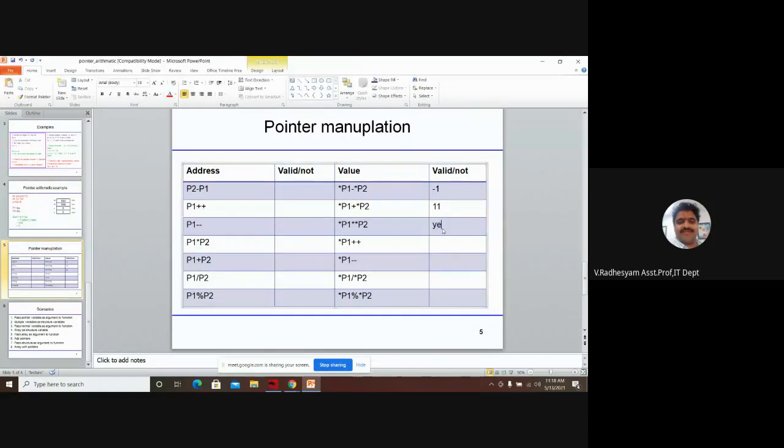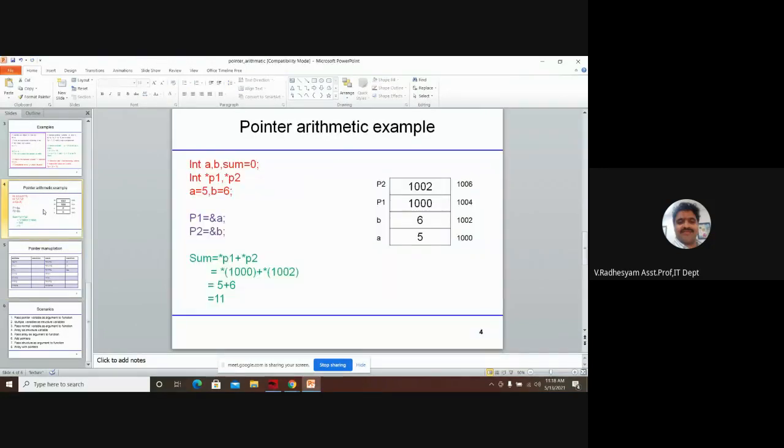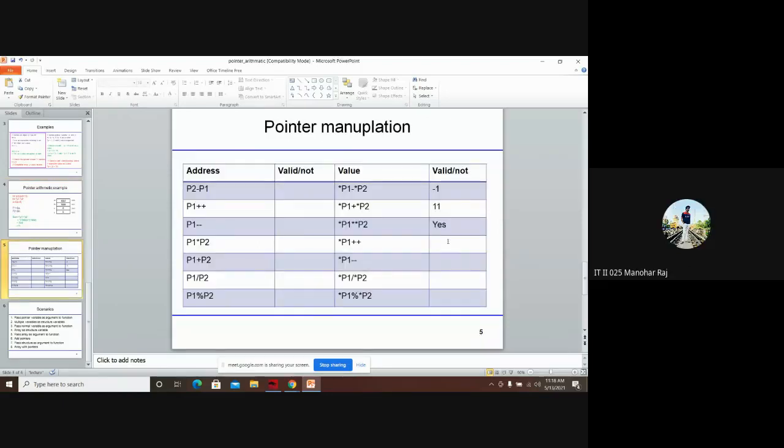So this is also possible. What about star P1 plus plus? 6. This is also possible. Star P1 minus minus. 4. It is also possible.